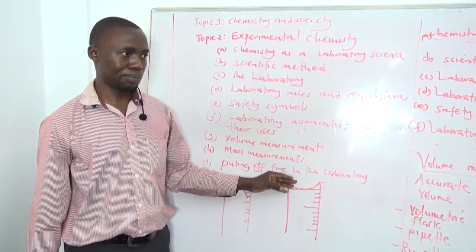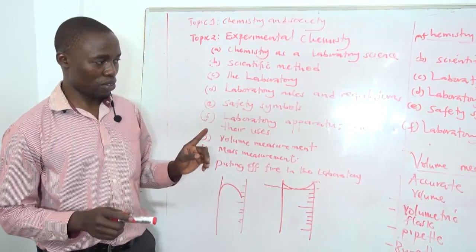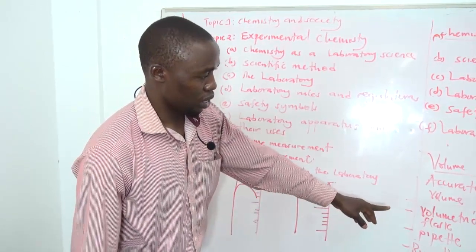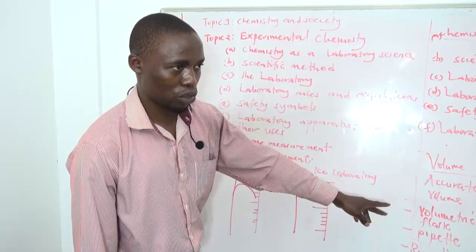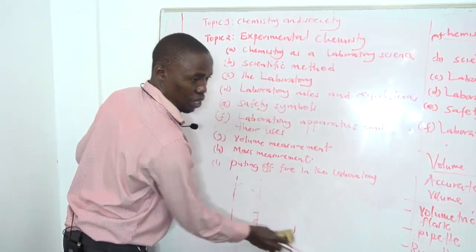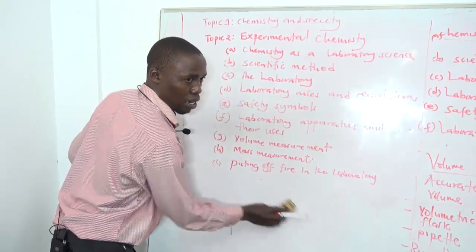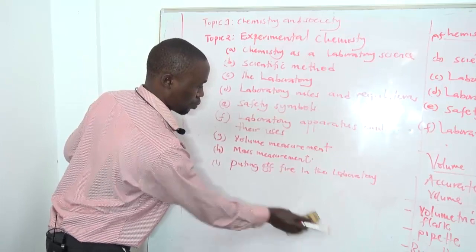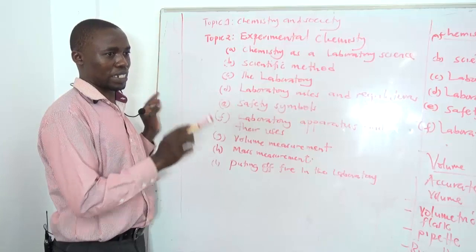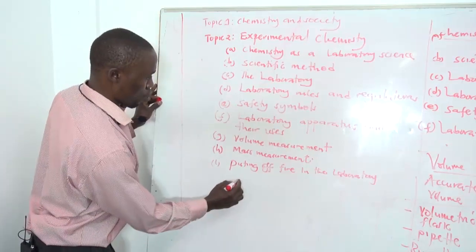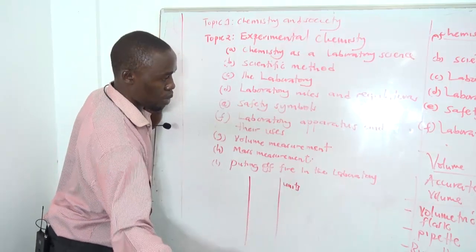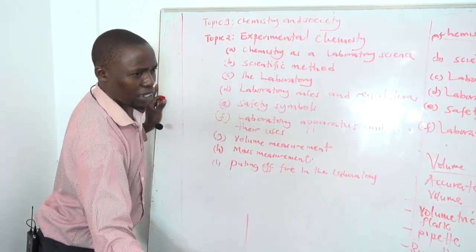Is that clear? Now look here. All of them I've told you to read the lower meniscus, not so? Now, I want you to pick a measuring cylinder there and look at the units on the volume apparatus.